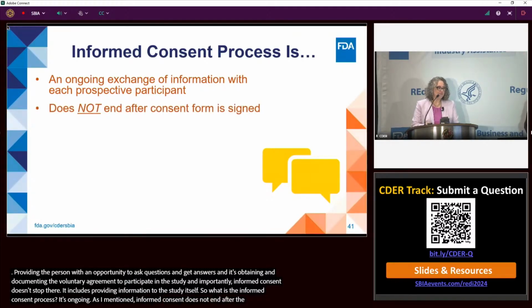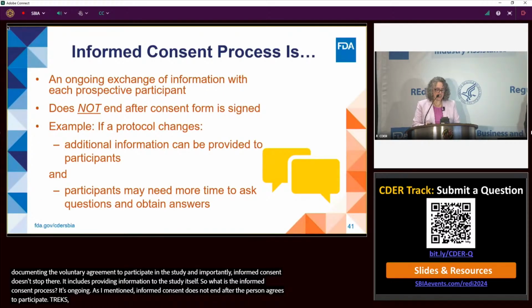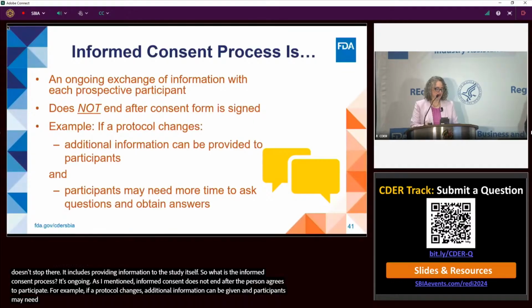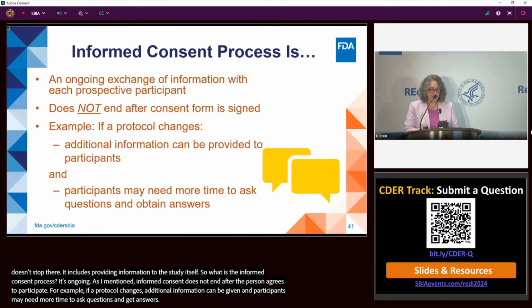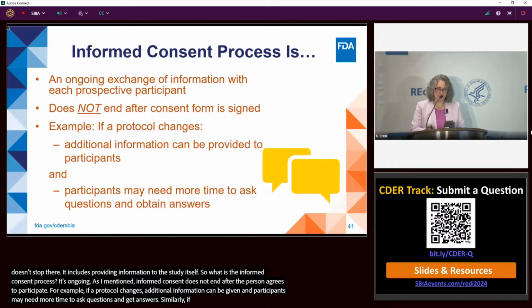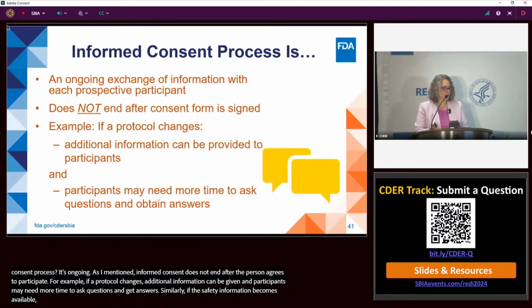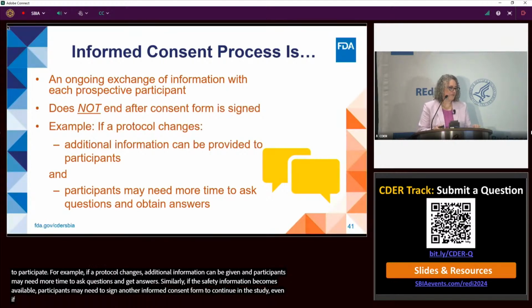For example, if a protocol changes, additional information can be given, and participants may need more time to ask questions and get answers. Similarly, if new safety information becomes available, participants may need to sign another informed consent form to continue in the study, even though they signed an informed consent form at the beginning of the study.